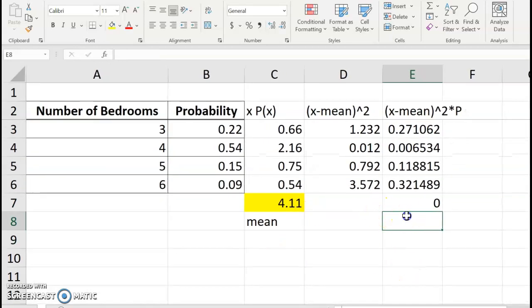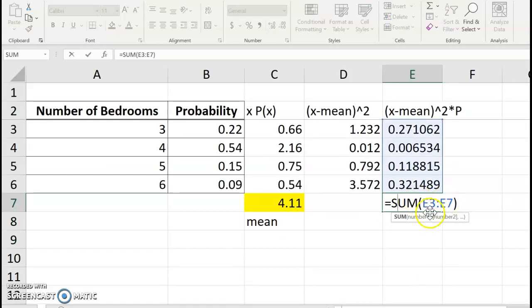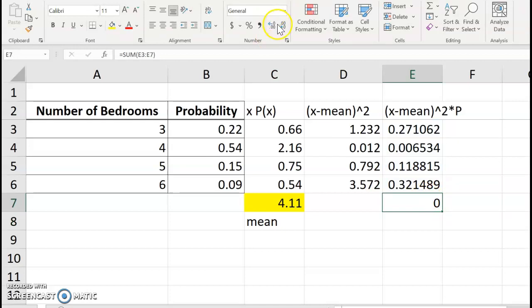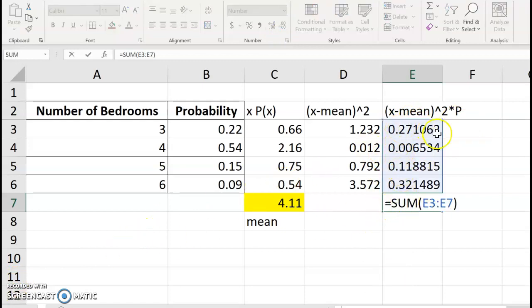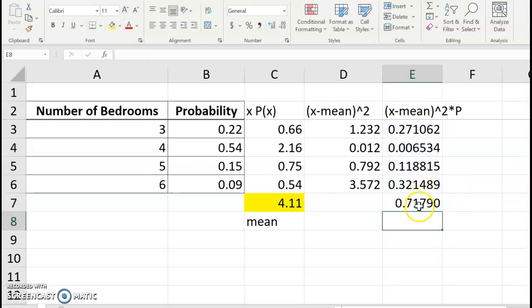Let me try it again. The sum of, and let me pause it for a second and see if I can figure out what I did. Equals the sum of these. Alright, there we go. Alright, so that is the variance.